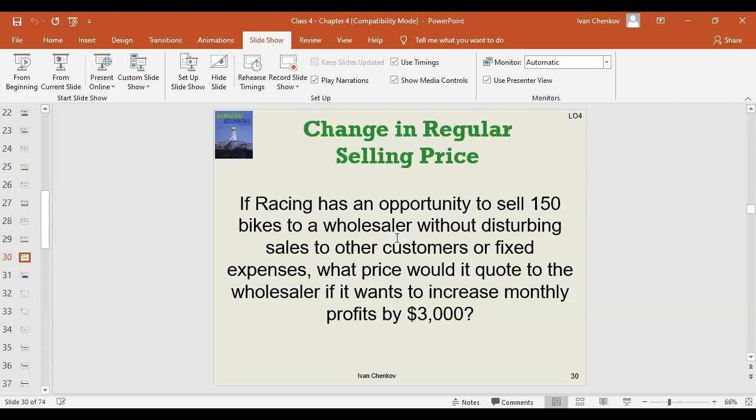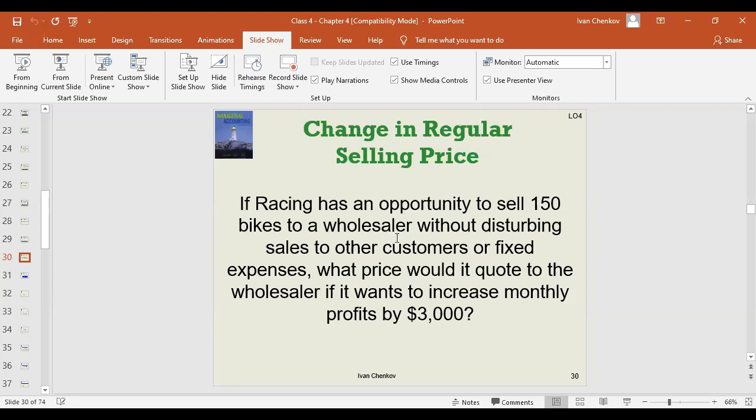I'm not asking for the cost per bike. I'm asking, if I'm selling those 150 bikes in the normal course of action, how much contribution margin will those bikes generate?